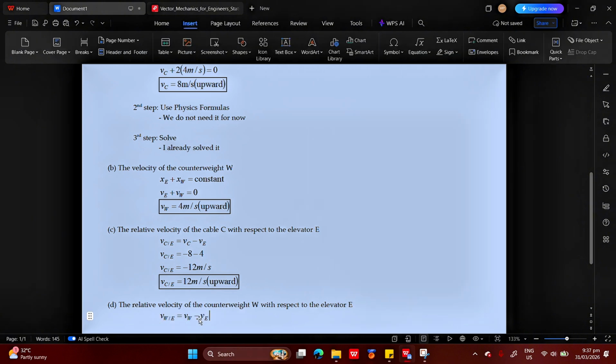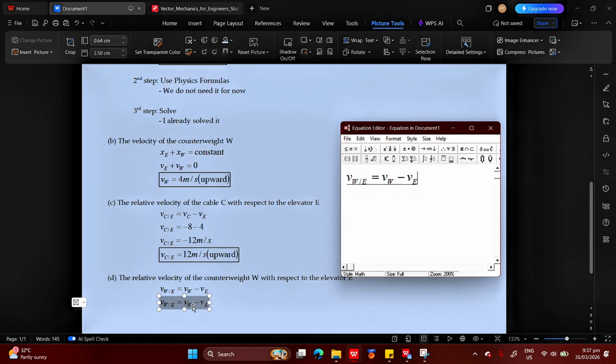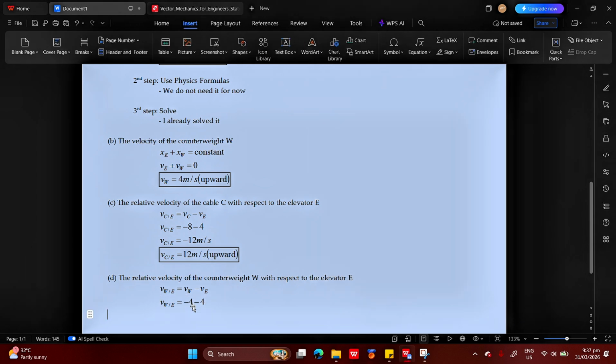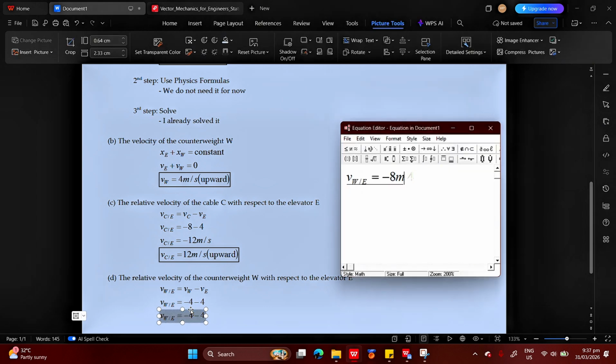That's how simple it is to solve the relative velocity if they are moving along the same axis. So our VW is equal to 4, upward. Our VE is 4, yes, but it is downward, unfortunately. So let us make our upward negative and our downward positive. So negative 4 minus 4, and our answer will become 8 meters per second.